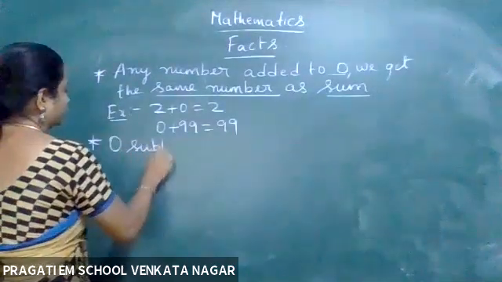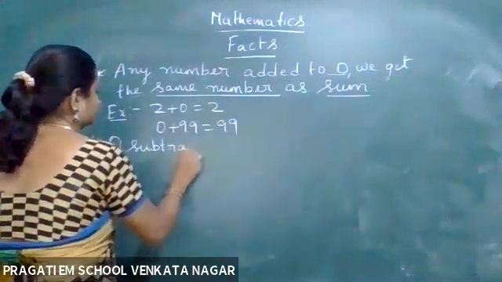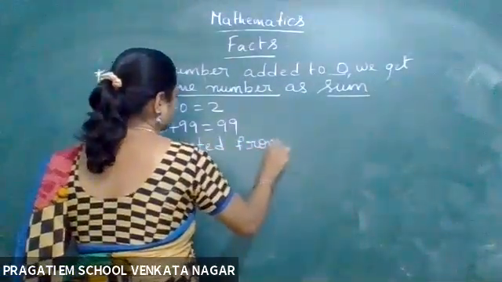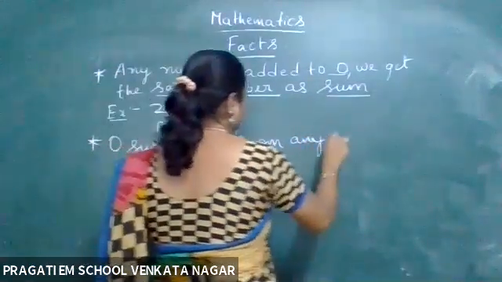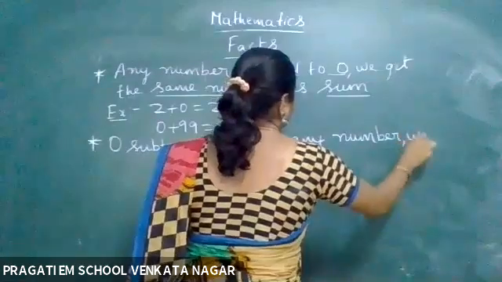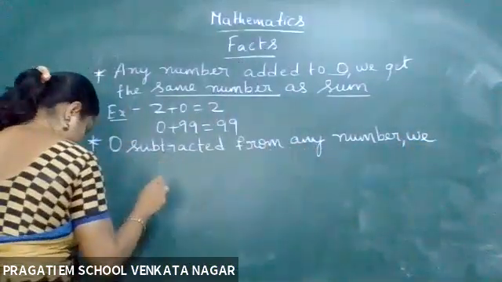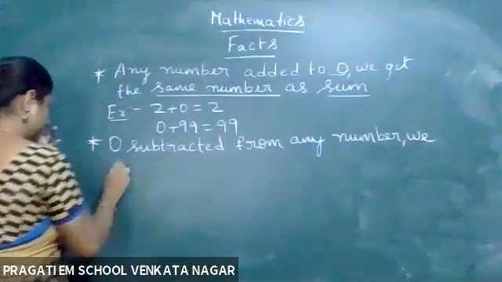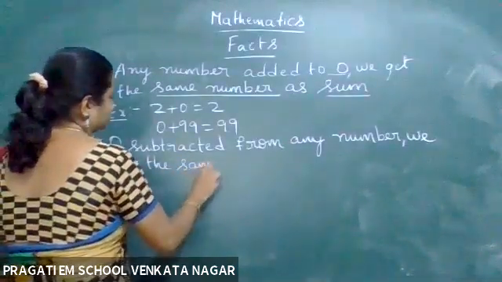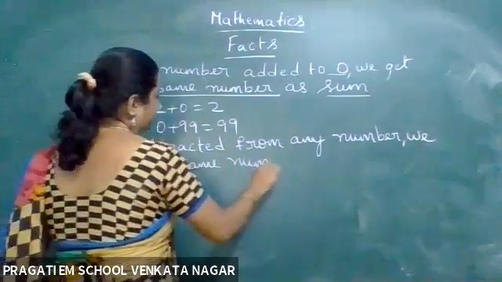Zero subtracted from any number, we get the same number as their difference.